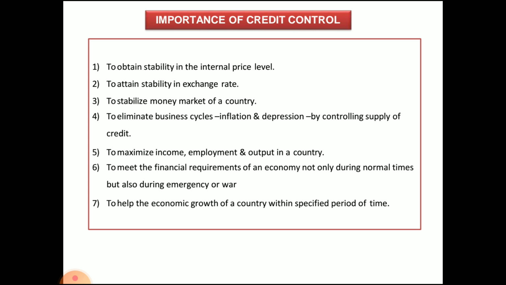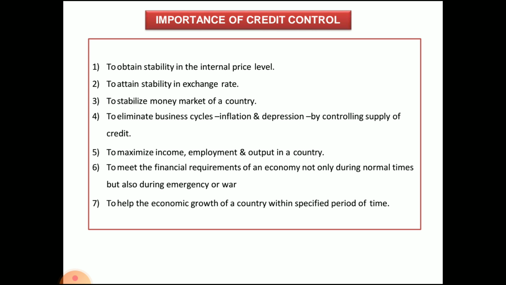So there are certain importances. First, we'll see the importance of why credit control is done. First is to obtain stability in the internal price level. There will be stability in the price level. If the prices are going up and the demand for the product is rising, similarly, the income of the person is also declining.